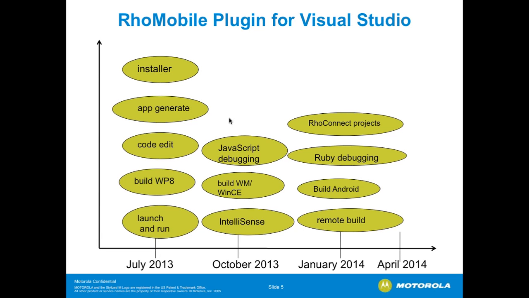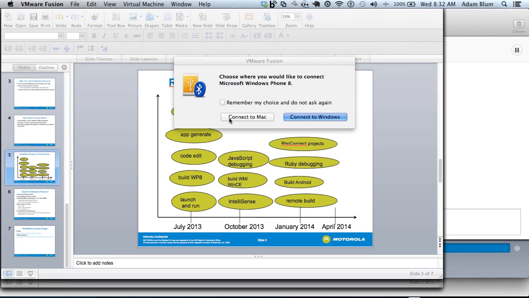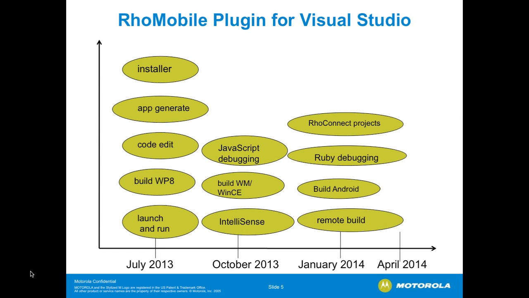So you would be able to remote build for iOS. You can remote build for iOS today from RhoStudio using the RhoHub-based remote build. There's an option for remote build. This is yet another example that if you say, hey, I really like the Visual Studio environment, I'd like to do remote builds, we would consider pulling this feature in and doing it sooner.